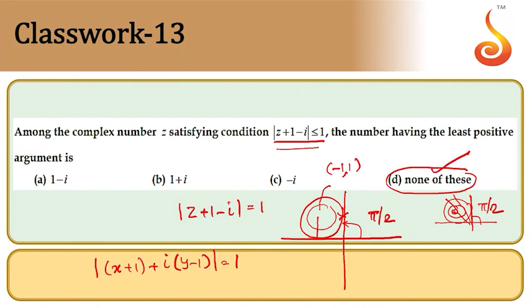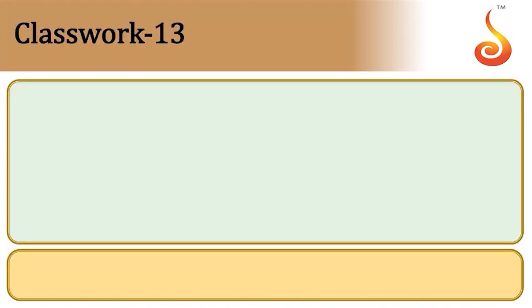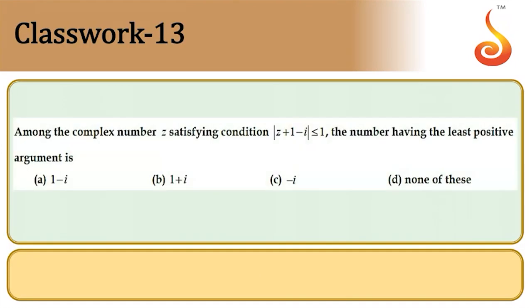So none of these is the correct answer. Minimum argument will be π and maximum argument will be π. This is max and this is minimum. So none of these is the answer.